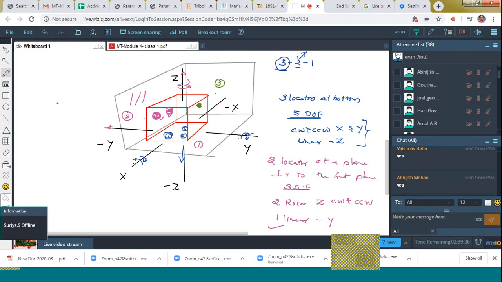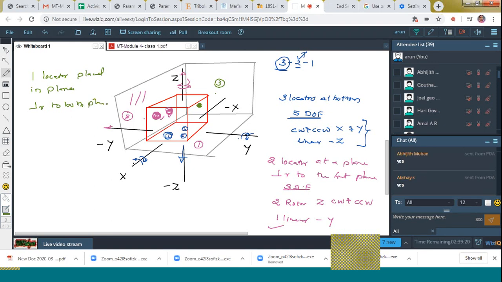So, the one locator is placed in a plane perpendicular to both the planes, right? And then, by means of that, which degrees of freedom will get arrested?